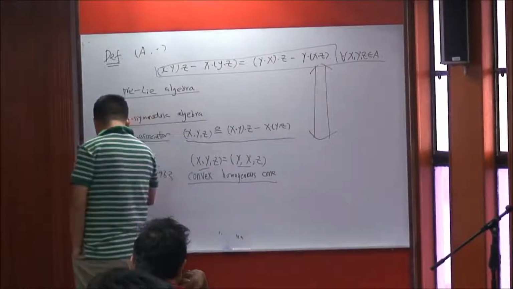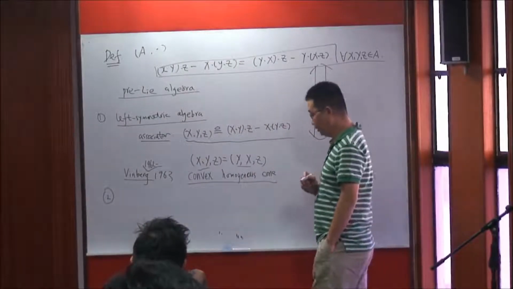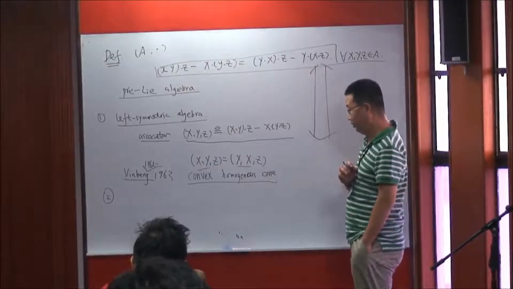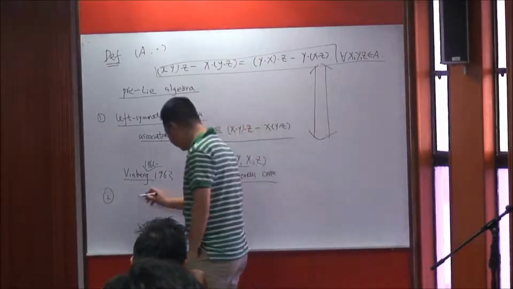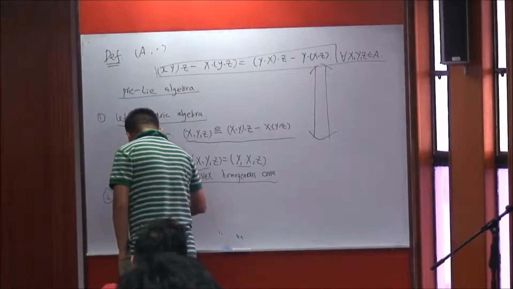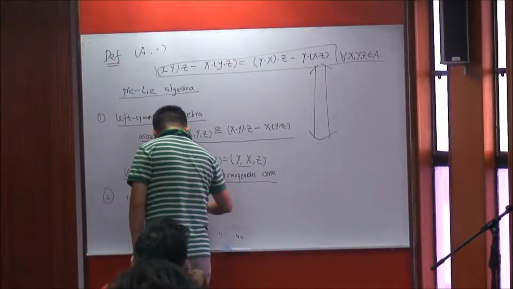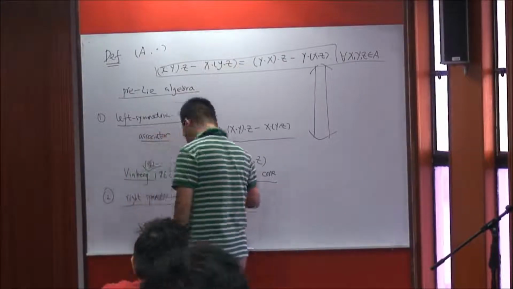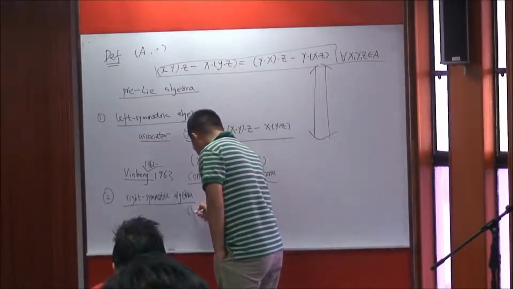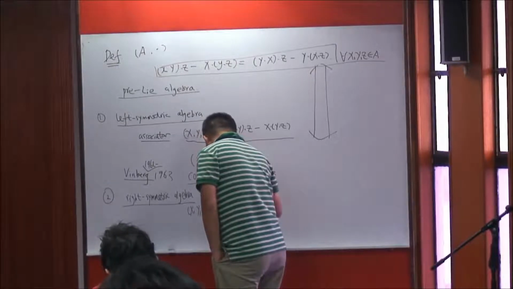Another almost equivalent notion gives the notion of the left-symmetric algebra. We can also consider the right-symmetric algebra. A right-symmetric algebra is one where the associator satisfies (x, y, z) equals (x, z, y).